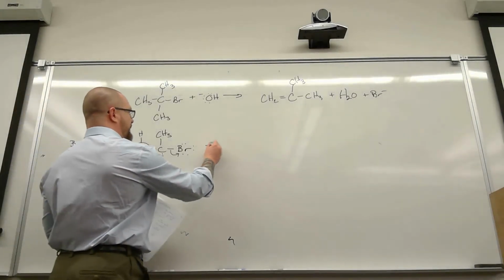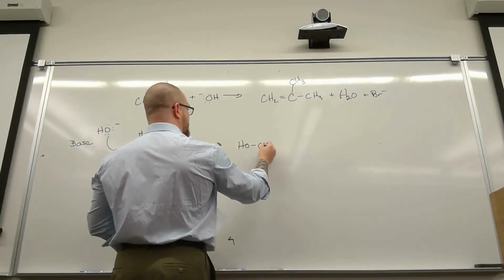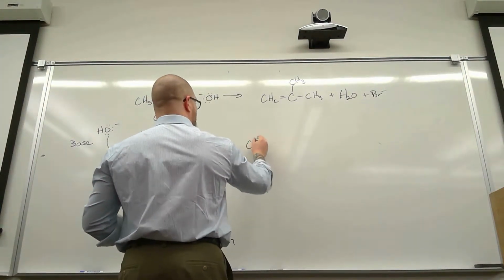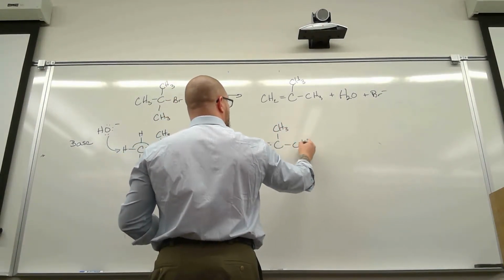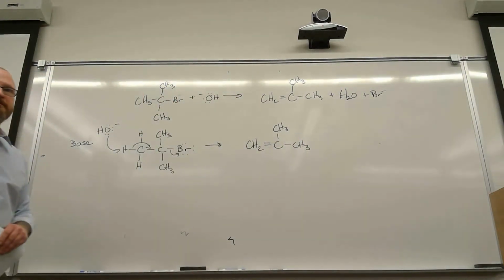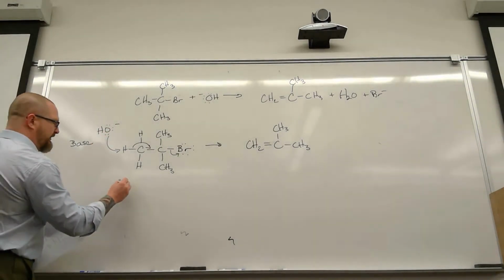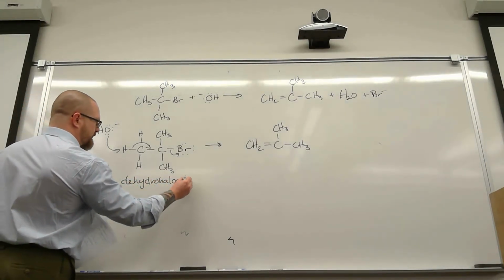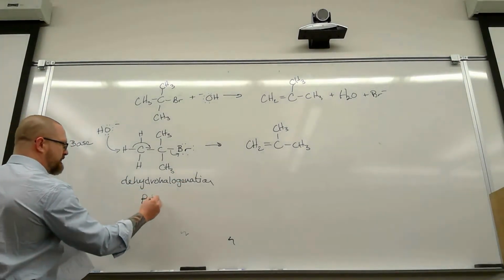And that is the entire mechanism for the reaction. So super simple mechanism. This is also called dehydrohalogenation. And it's also called beta elimination.